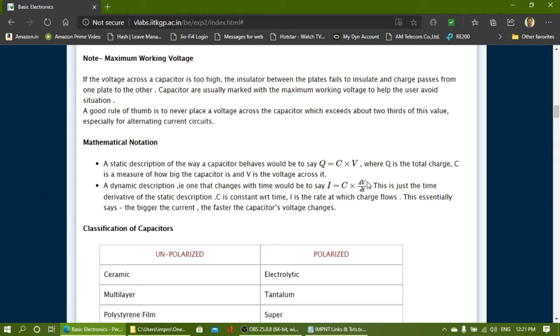So what is dV/dt? It is delta V, the change in voltage, divided by delta T, the change in time. This is just the time derivative of the static equation, where C is constant with respect to time and I is the rate at which charge flows. It essentially says the bigger the current, the faster the capacitor's voltage changes.